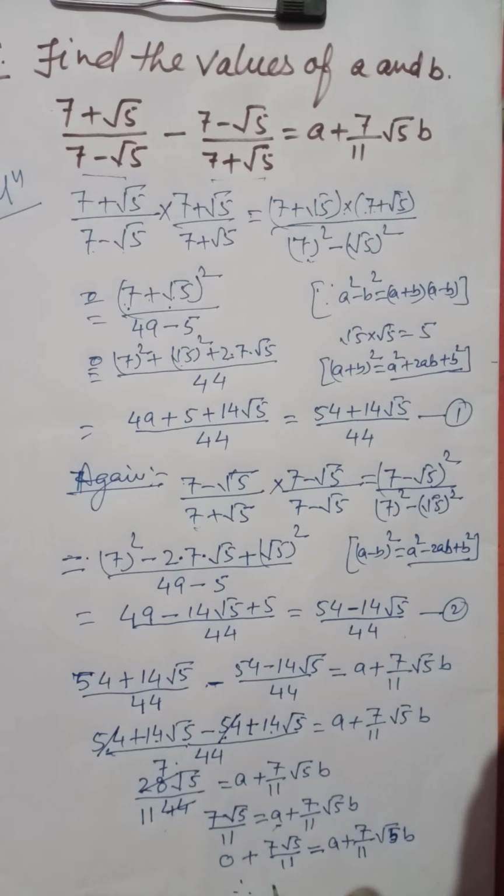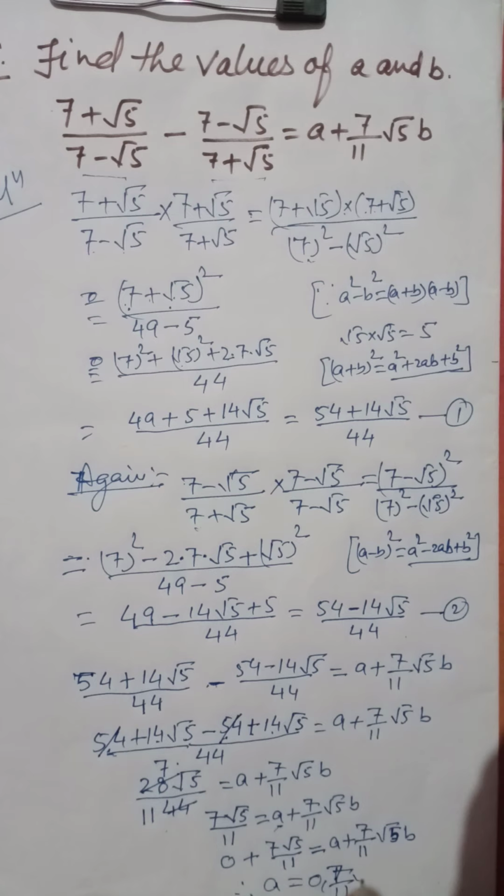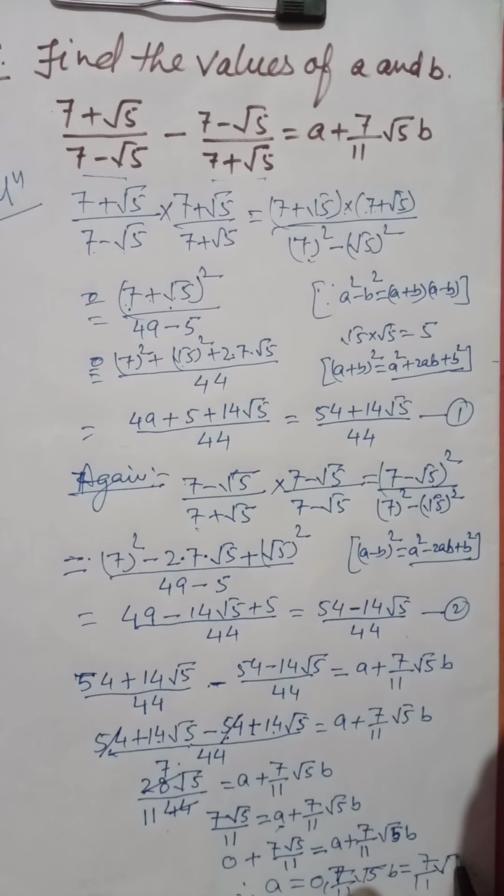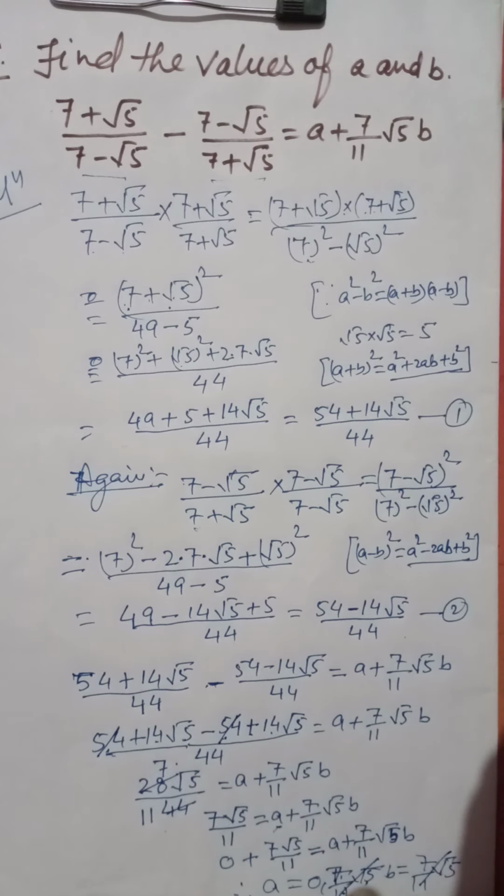So here a is 0 and b, see here, 7 upon 11 root 5 b equals 7 upon 11 root 5. So 7 upon 11 root 5 will be cut, so b equals 1.